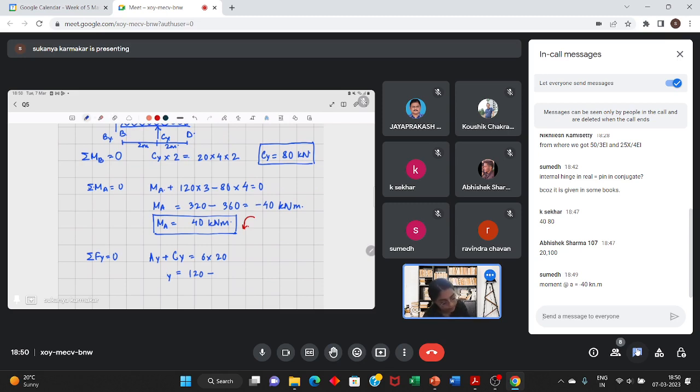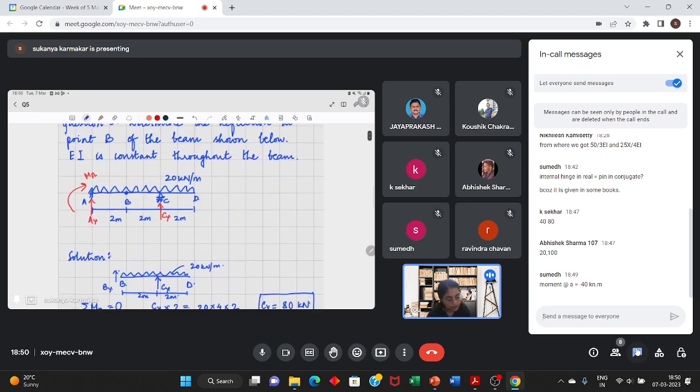So Ay is 120 minus 80, which is 40 kilonewton. So Ay is 40 kilonewton. So you have all the support reactions. Ay is 40, Cy is 80 kilonewton, and moment is minus 40 kilonewton meter. So support reactions are done.